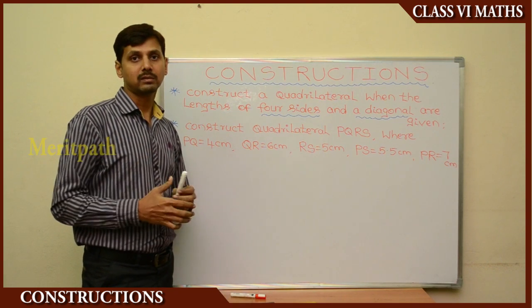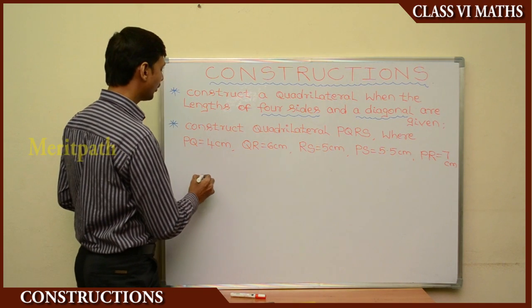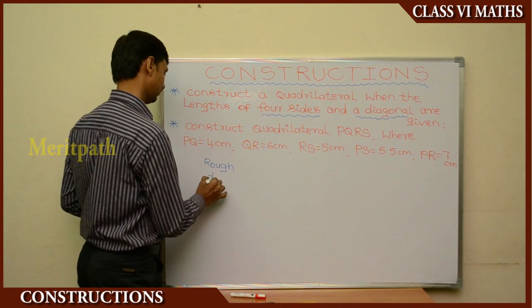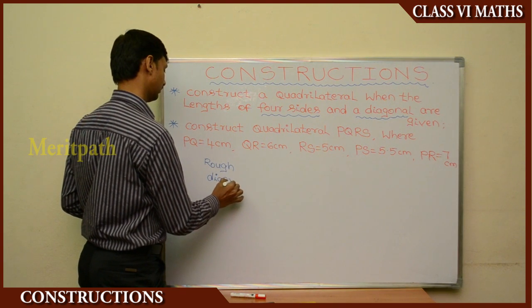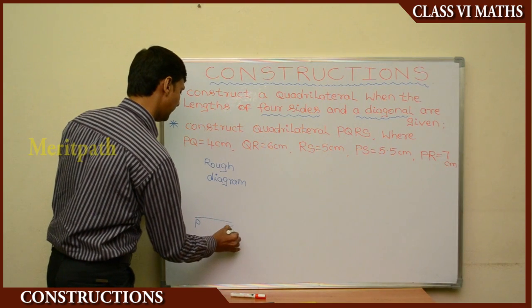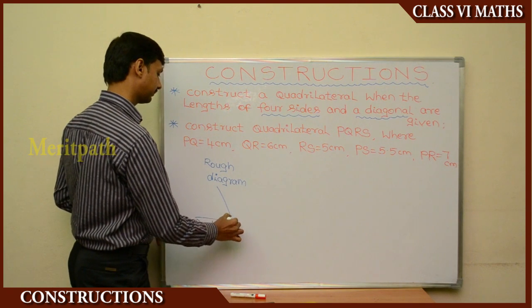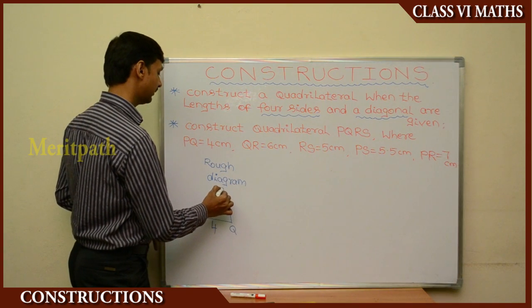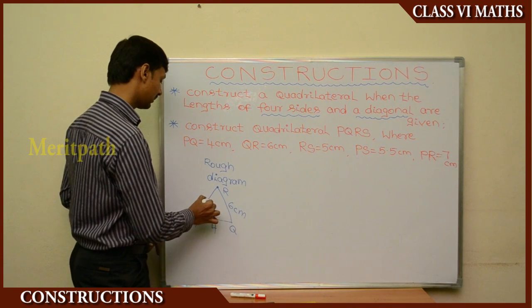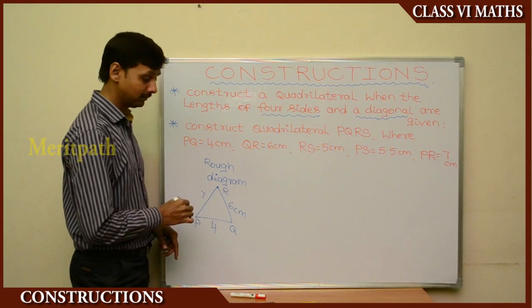Let's draw the rough diagram of PQRS. PQ is 4 centimeters and QR is 6 centimeters. PR is 7 centimeters, it's a diagonal.